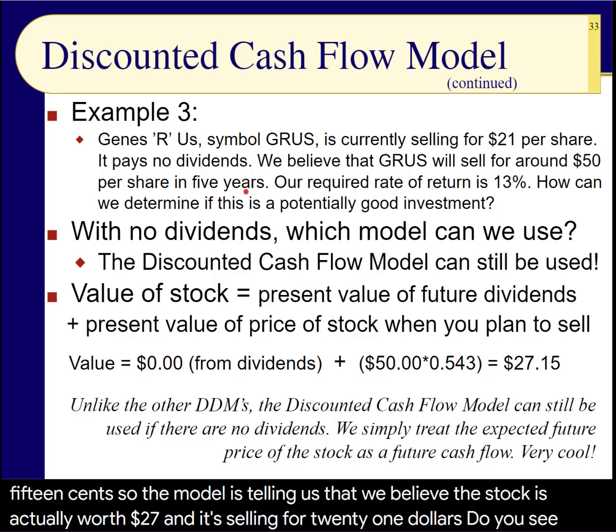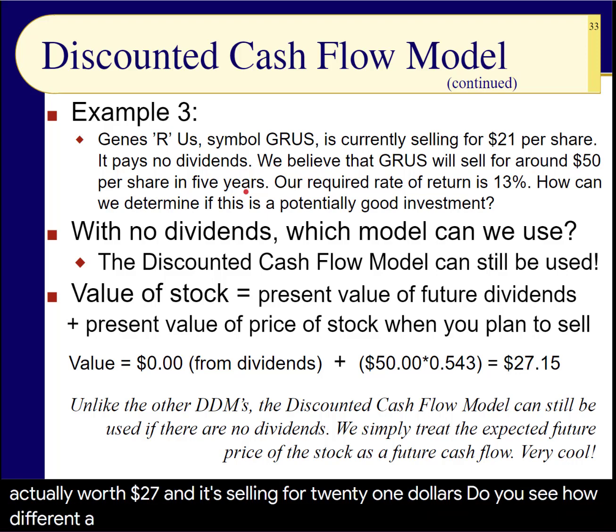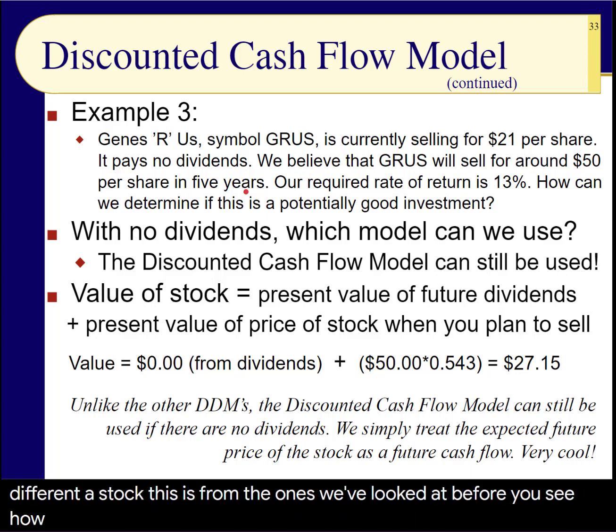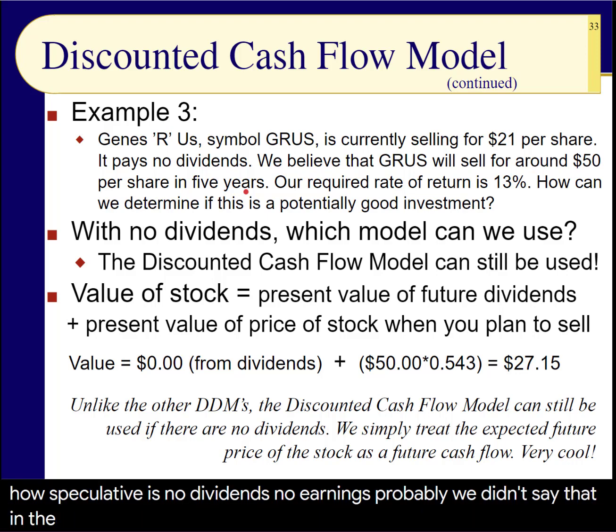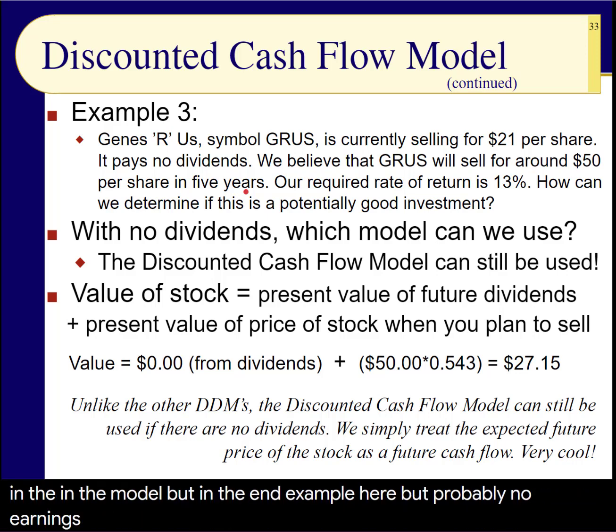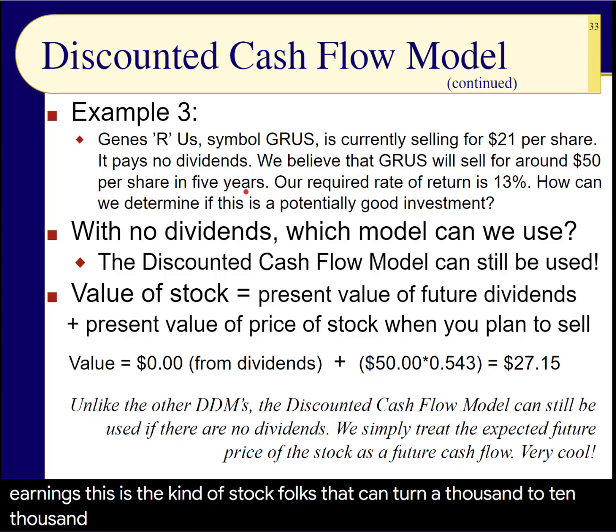Do you see how different a stock this is from the ones we've looked at before? You see how speculative it is? No dividends, no earnings, probably. We didn't say that in the example here, but probably no earnings. This is the kind of stock, folks, that can turn $1,000 into $10,000 into $50,000, or it could turn $10,000 into 50 cents.